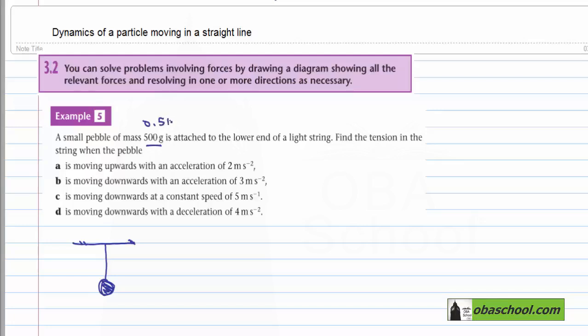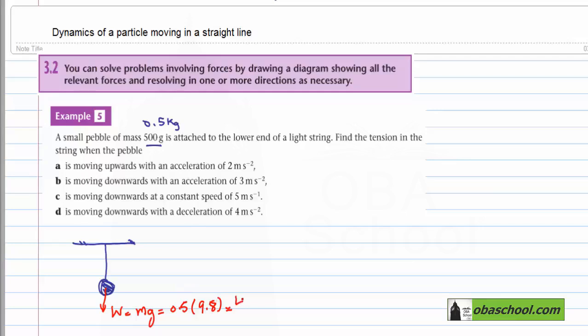Now, before proceeding with the given, let's determine the forces that act on an object hanging from a string. So let's think about it ourselves. First, there is the gravitational effect of weight that acts downwards, perpendicular to the ground, as follows. Weight is the mass multiplied by gravitational acceleration g. In this case, it is 0.5 kilograms multiplied by 9.8 meters per second squared.